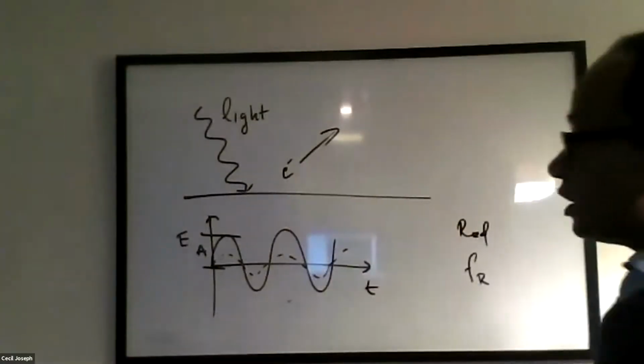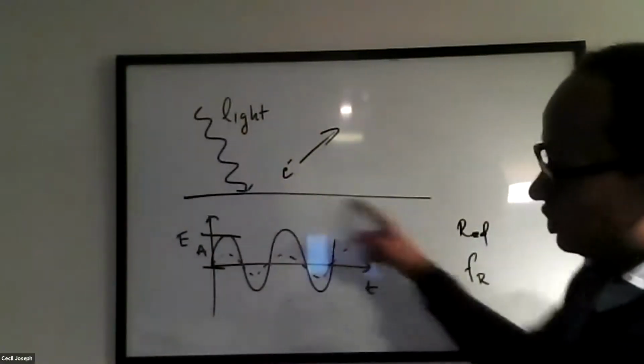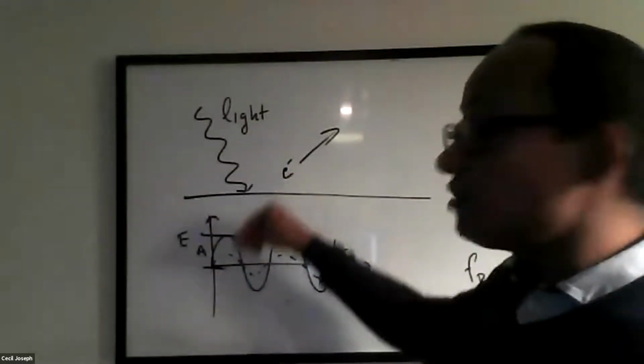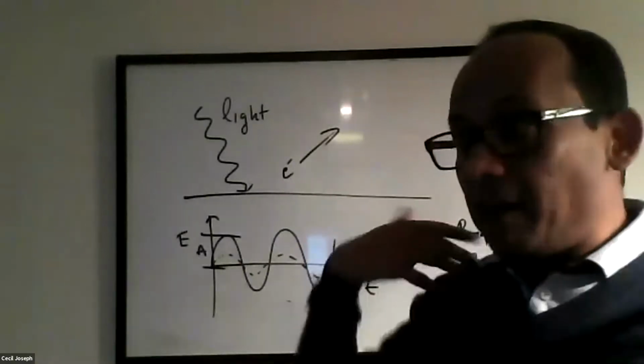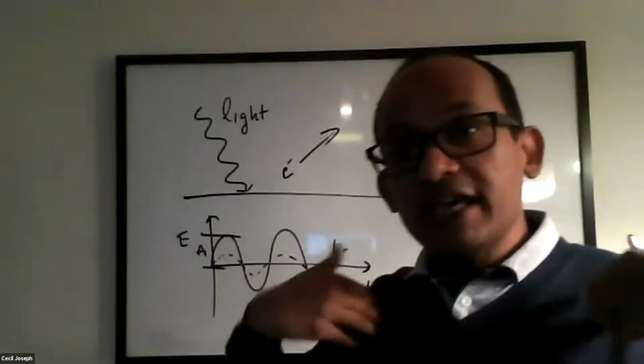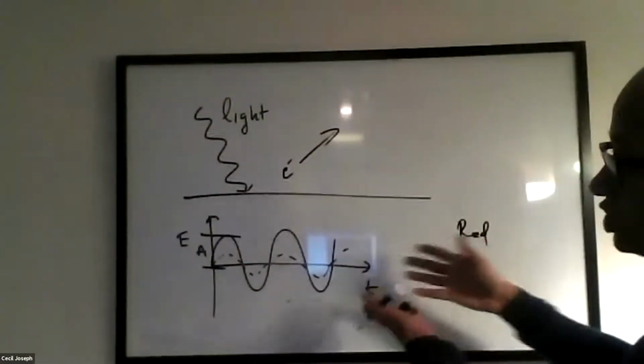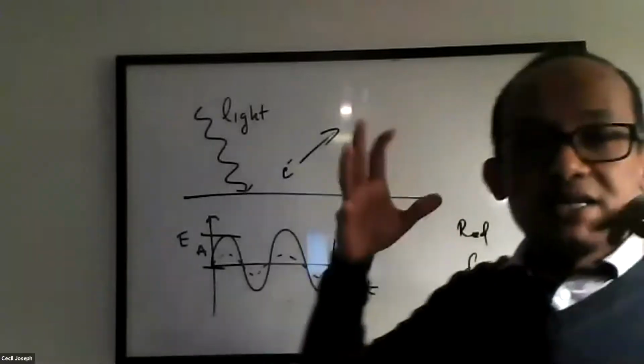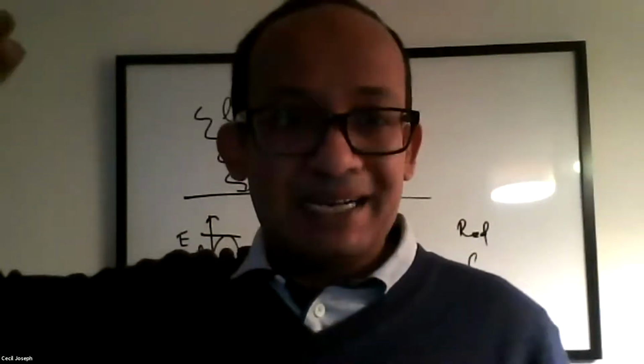Even if I hit this surface with a reasonably low intensity, if I hit it for long enough, I'm dumping energy on it. If I keep dumping energy, at some point I will dump enough energy into this metal to remove this electron, because the electron needs a certain amount of energy to be able to leave that metal.